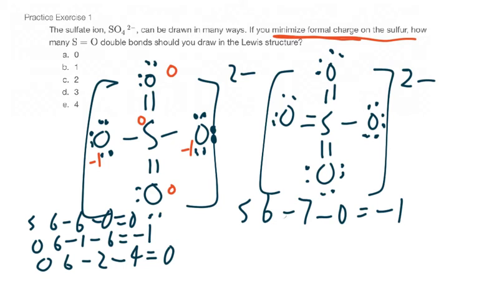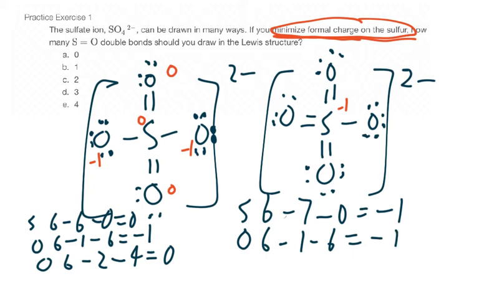So already now we didn't minimize the formal charge on the sulfur. This one went now from 0 to having a -1 charge. We didn't want that. If you recall the oxygens, let's do the one with a single bond so we can stay consistent. So let's do the one all the way on the right. There are 6 valence, 1 stick, 6 dots. That oxygen is going to have a -1 charge over here.